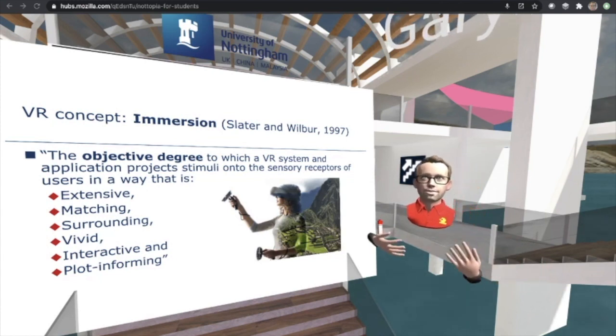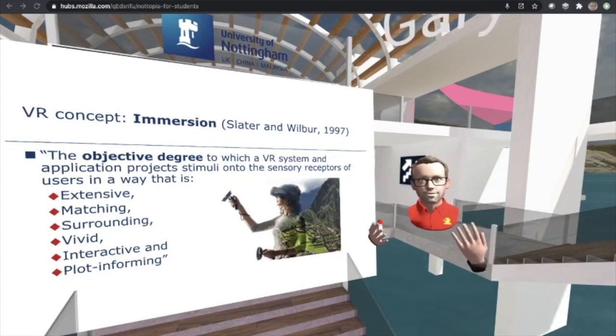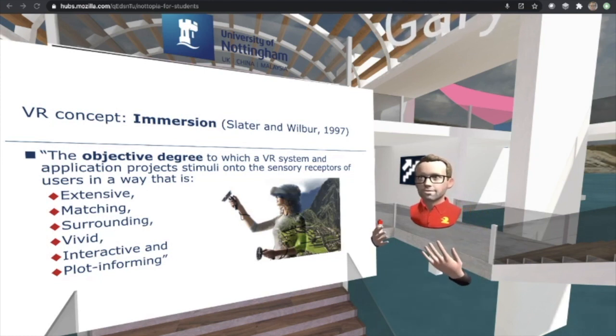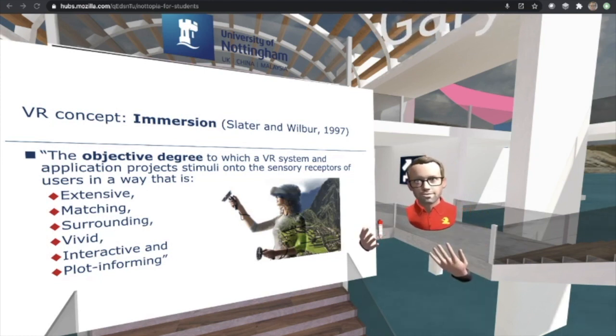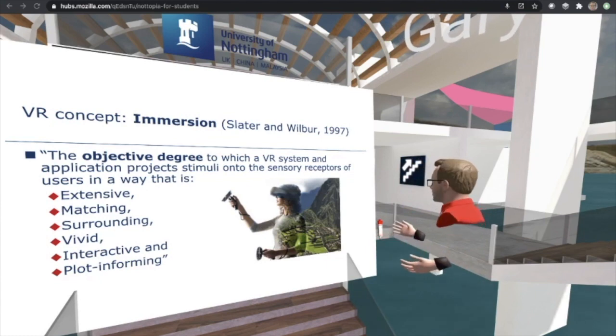But equally, if you want to go and explore the world freely, you can also do that. And those two different ways have a real world equivalent. So there's a clear way in which you can engage with that environment. And that's what is referred to here as plotting.